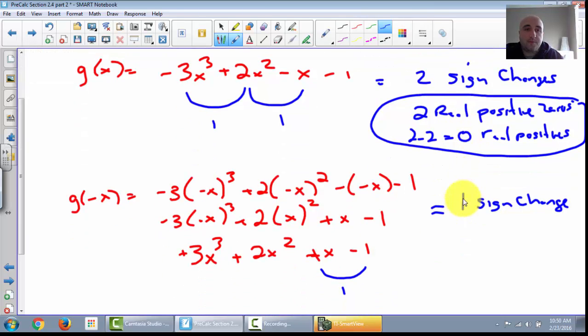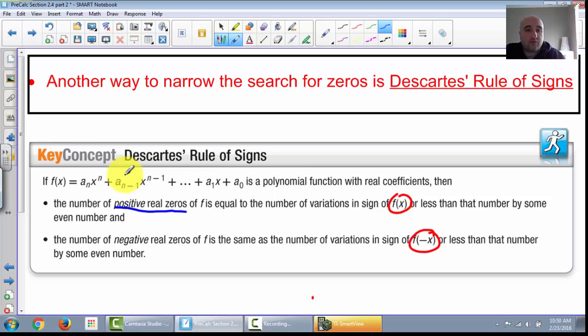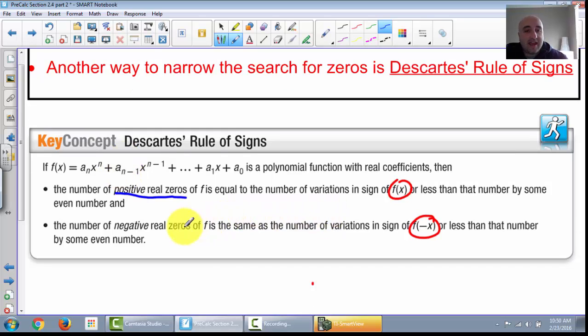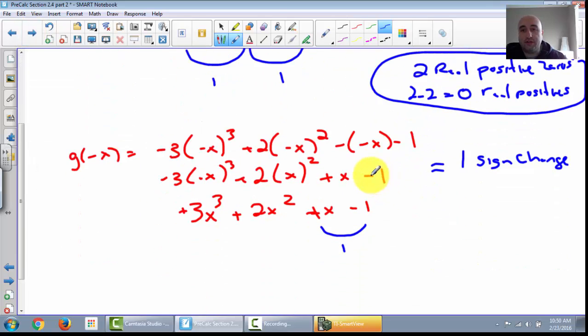Now, what does the next one say? The number of negative real zeros of f is the same as the number of variations in the sign of f of negative x, or less than that number by some even number. So the number of negative reals is whatever that number is. This means if we have 1 sign change, we have 1 negative real.